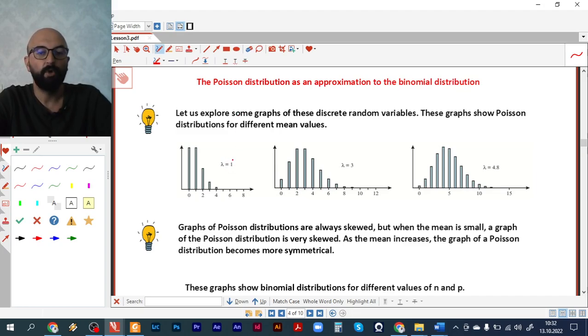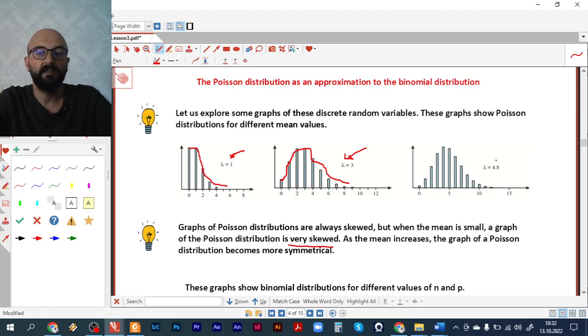When the mean is equal to 1, your curve is like this. This curve is very skewed. But if lambda is equal to 3, bigger than before, your curve is more symmetrical like this.